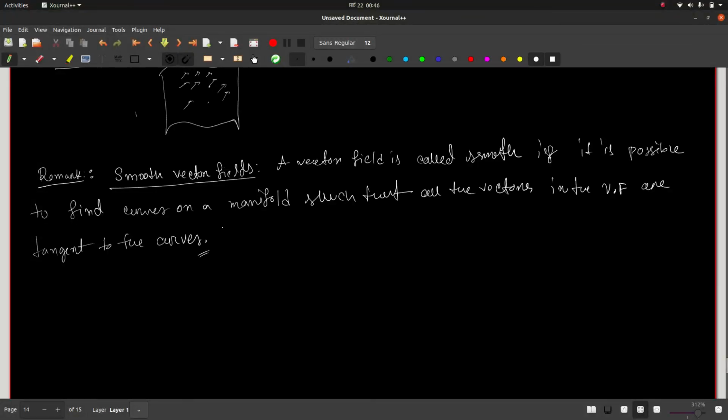This is a remark, and in fact these are called integral curves. These are also known as integral curves.